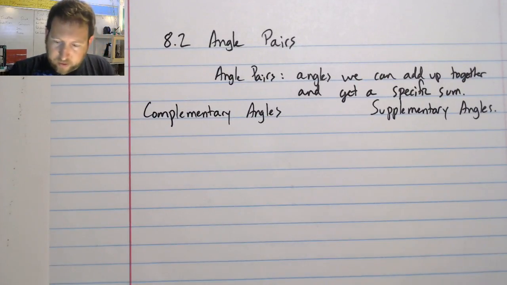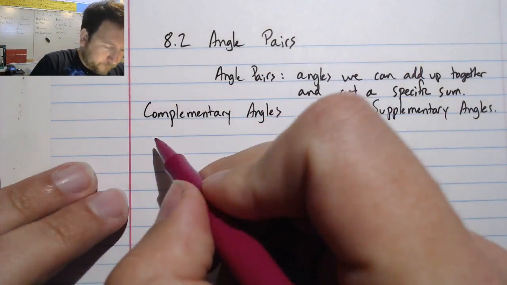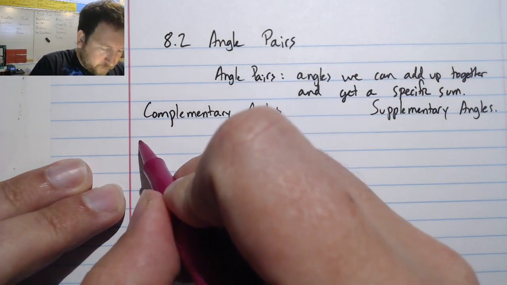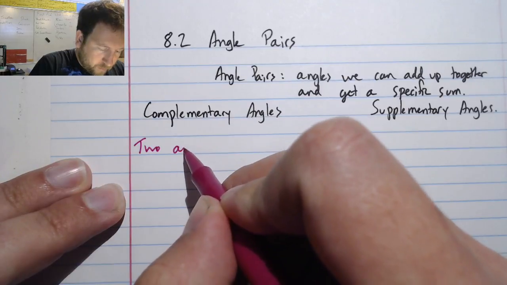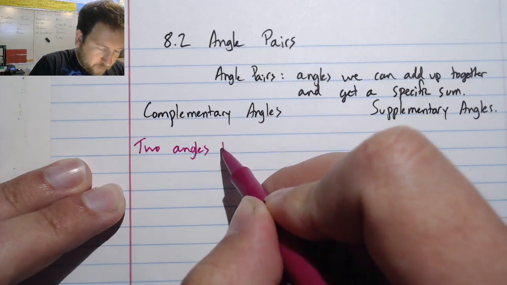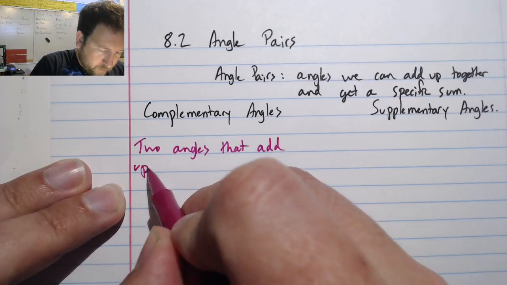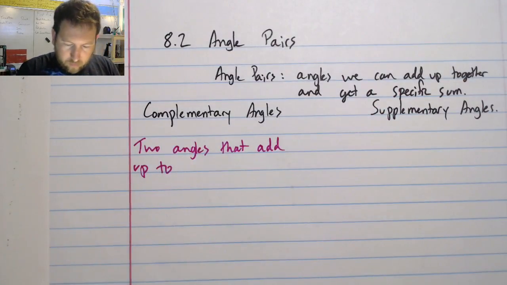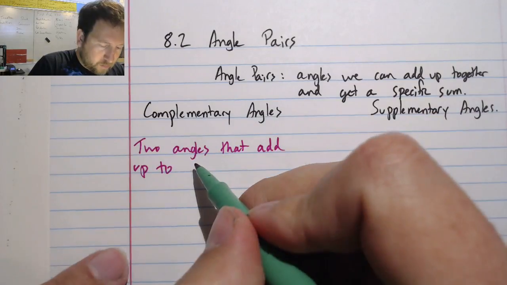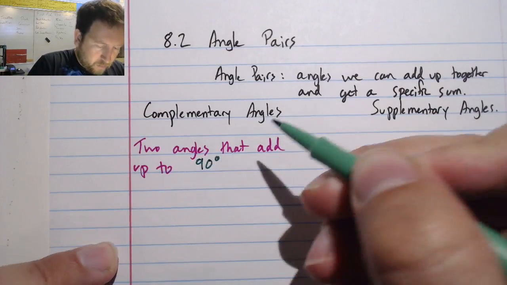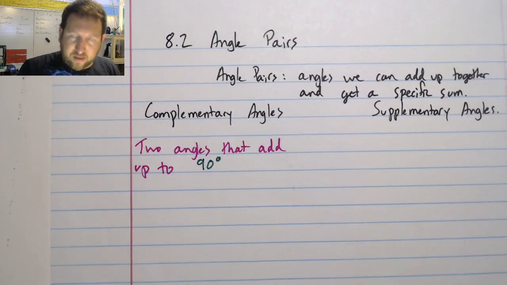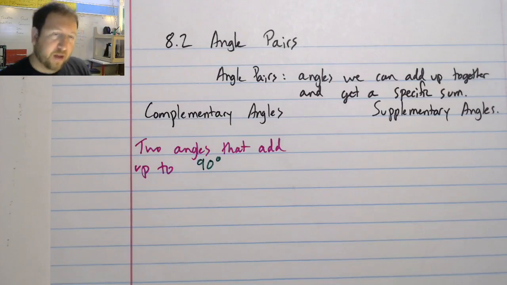Let me use a different color. What this means is if we take these two angles and put them together, it turns into a right angle.